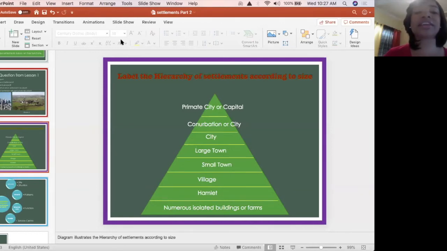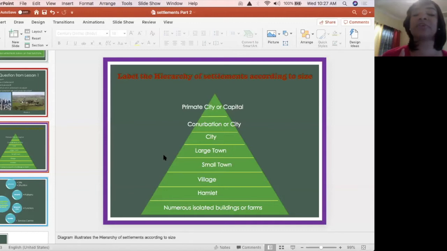Okay, so our settlement hierarchy structure according to size starts from your smallest settlement, meaning that the population of that settlement is very small, and as it goes up to the top, your settlement size or your settlement population is actually going to increase. This settlement hierarchy structure is separated into your rural settlements at the base. So the first 4 settlements would be considered your rural settlements.